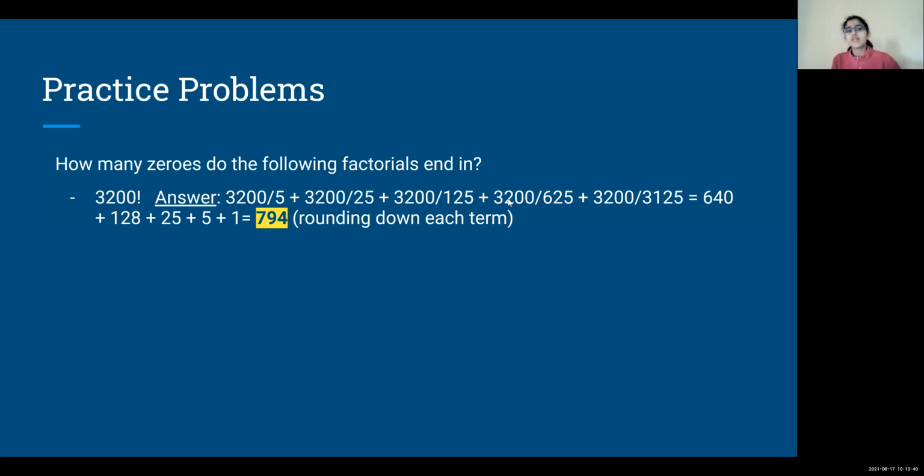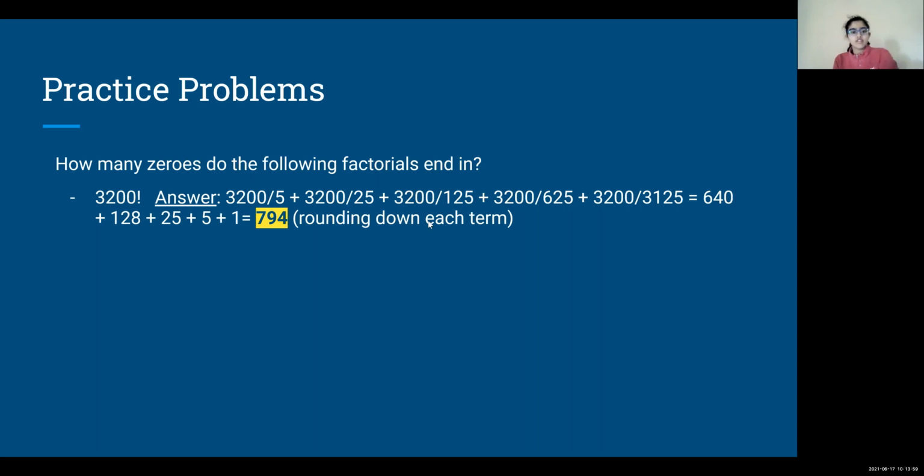And remember, you round down each term. You can't just add the terms together and then round, because sometimes those decimals can add up to a whole number or to greater than a number, and if you round down then, you're going to get the wrong answer.